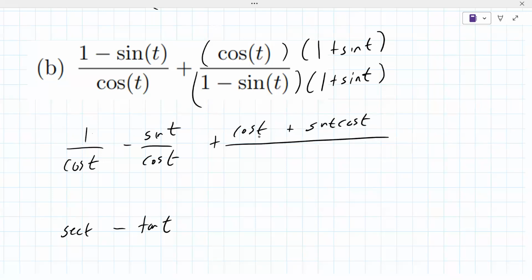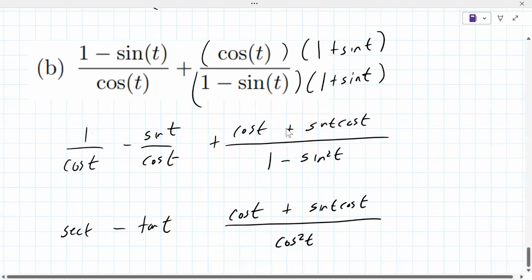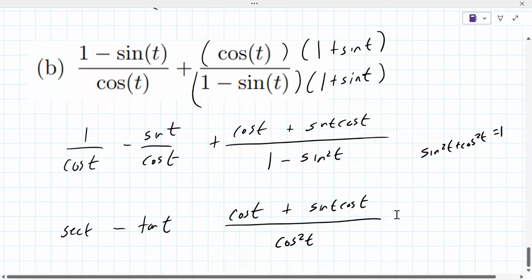The bottom is 1 minus sine squared t, which is replaced by cosine squared t. So you get cosine t plus sine t cosine t over cosine squared t. That comes from sine squared t plus cosine squared t equals 1. Is that clear? That's a big one to notice.